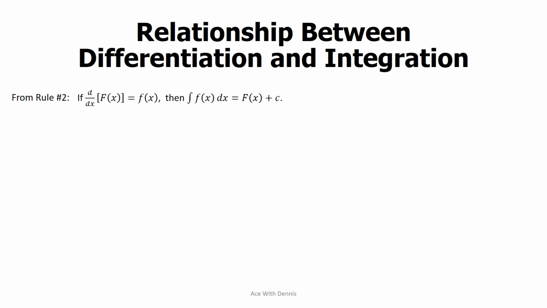So what it means here is that if we differentiate a certain function and we get another function fx, now if we integrate the function that we get from the differentiation, we should get back the same function as before the differentiation, plus a c, which is a constant.